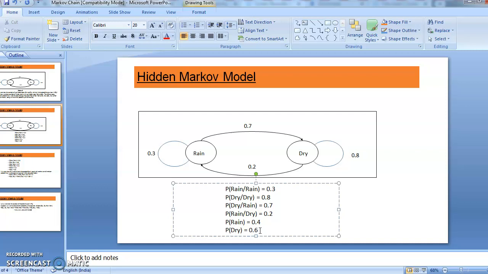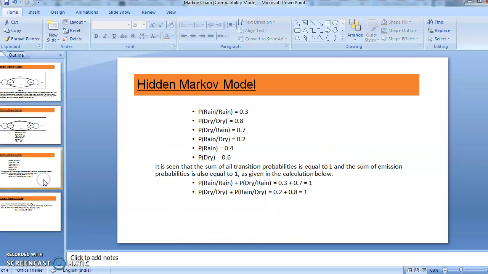Suppose for rain, the probability is 0.7, and along with this, the transitional probability for the two different steps, rain to rain plus rain to dry. We can see that the transitional probabilities are always 1.